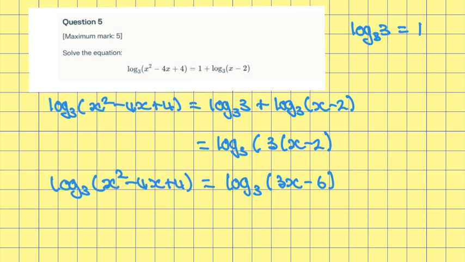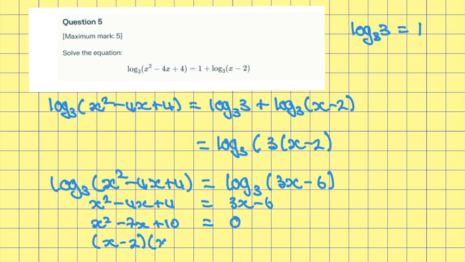Now we can take our logs away. So we have x² − 4x + 4 is equal to 3x − 6. Rearrange that to get a quadratic. We get x² − 7x + 10 is equal to 0. That will factorize to (x − 2)(x − 5) is equal to 0.